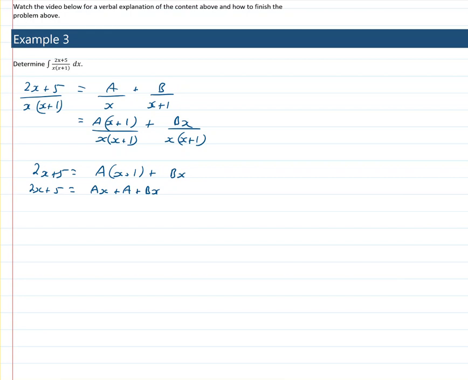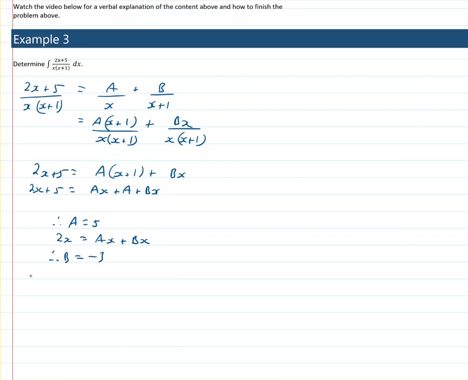We can tell straight away that the ax and the bx have to add together to give 2x, and the constant a has to equal 5. So a is equal to 5, and 2x is equal to ax plus bx. If a is 5, then b has to be equal to -3.